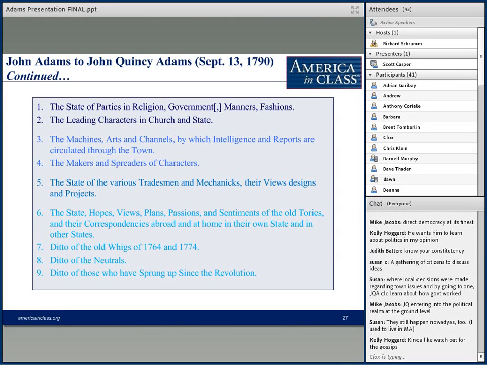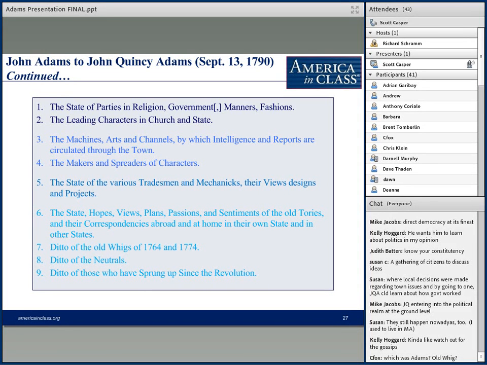And then 6, 7, 8, and 9 are all about how the old divisions from the Revolution are still playing out 20 years later. That is, or not even 20 years later. So what do the people who were Tories, who were loyalists back in the 1770s and early 1780s, what are their ideas now?